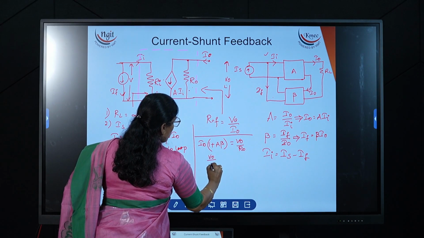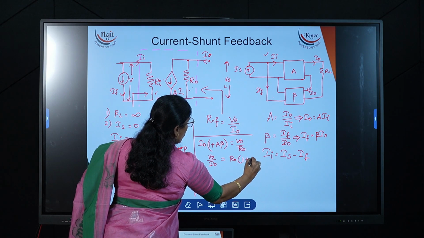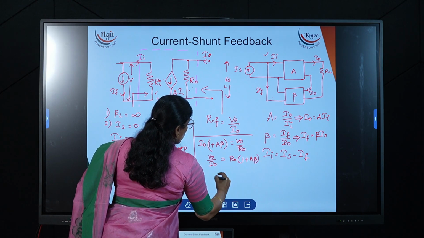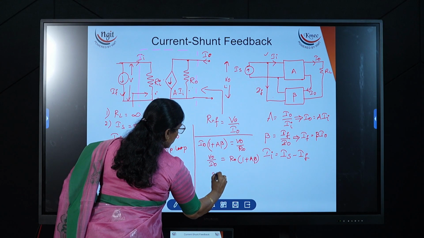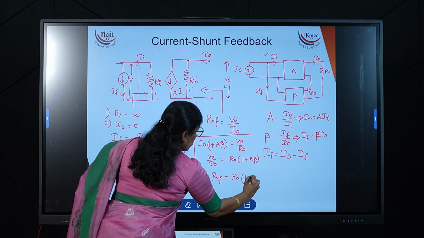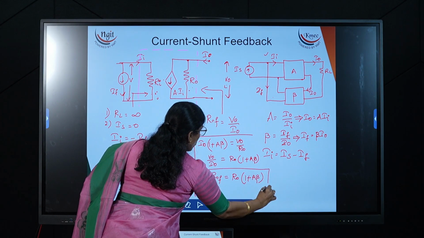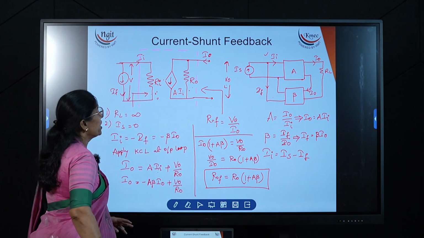So V0 by I0 is equal to R0 into 1 plus A beta. This V0 by I0 is R0F. So R0F is equal to R0 into 1 plus A beta. This is the expression for the output resistance in the case of current shunt.